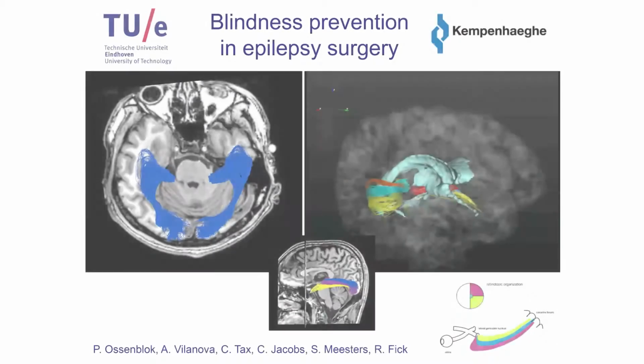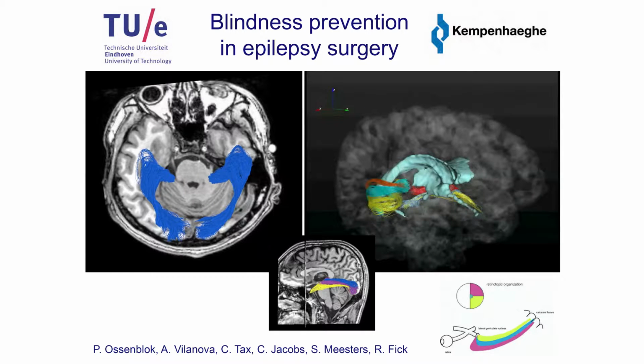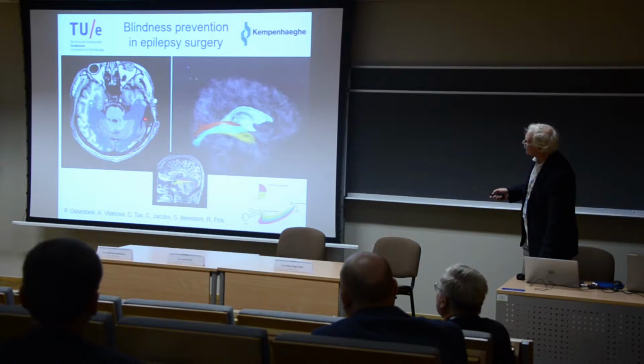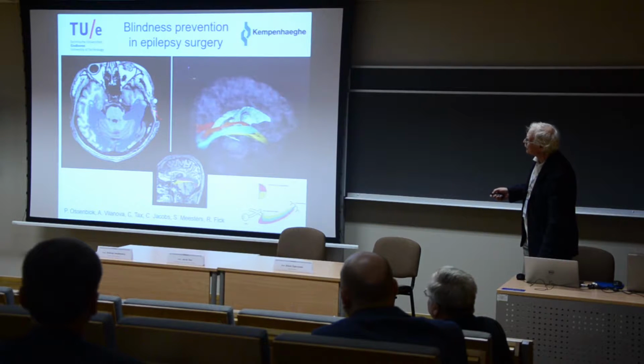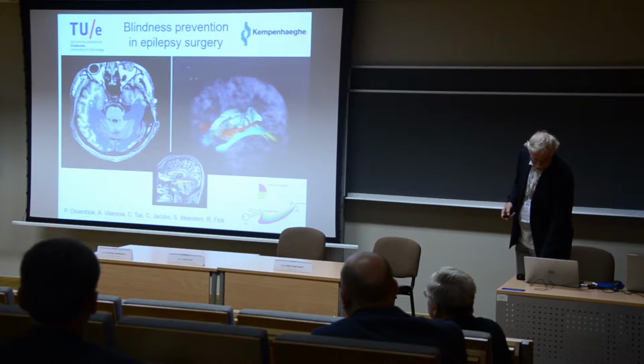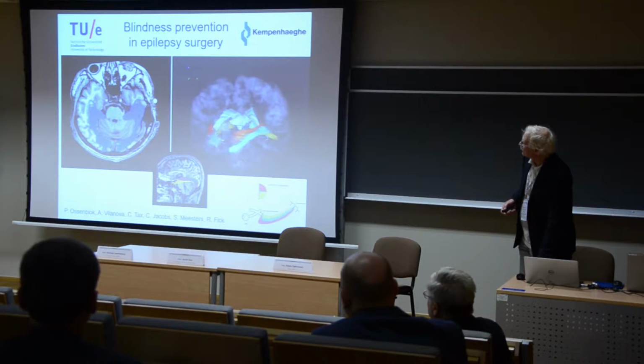And now we could finally see this is the optic tract. And in this patient, you only needed to operate 24 millimeter deep. So we could nicely visualize the optic radiation tracts. And this patient was saved from blindness. And this is now routinely used. So that's a very nice technique of, inside the brain.